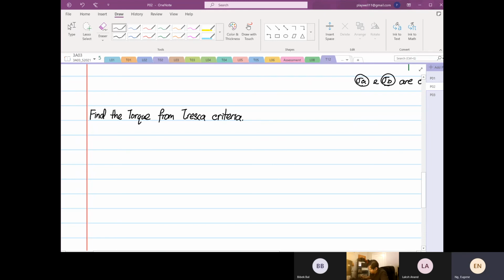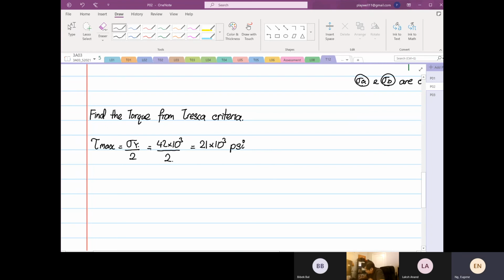Based on the Tresca criteria, we know that tau max is equal to stress U divided by 2. So this is what we know. This will be equal to basically 42 times 10 to the power 3 divided by 2, and then this will be equal to 21 times 10 to the power 3 psi.